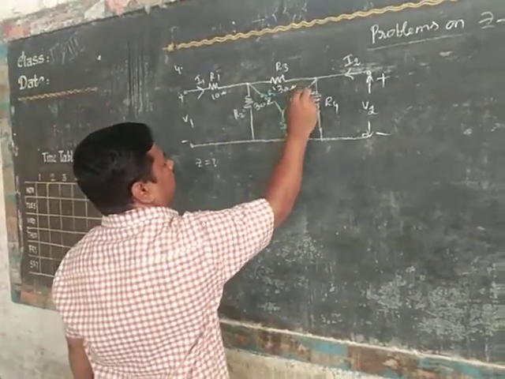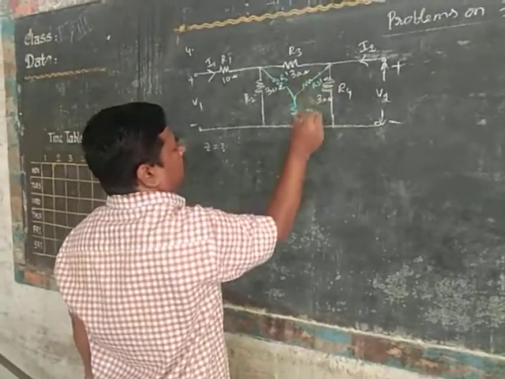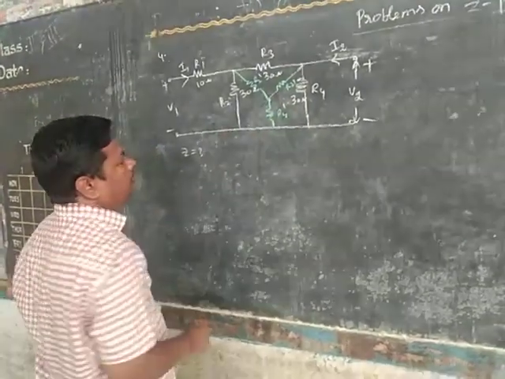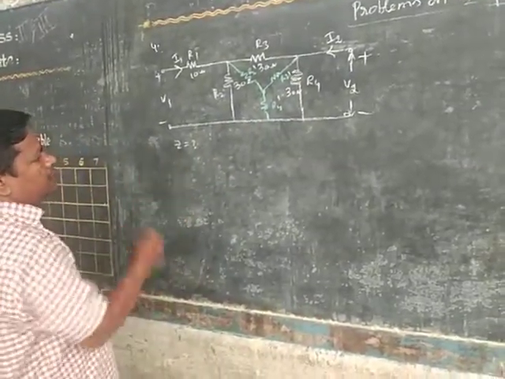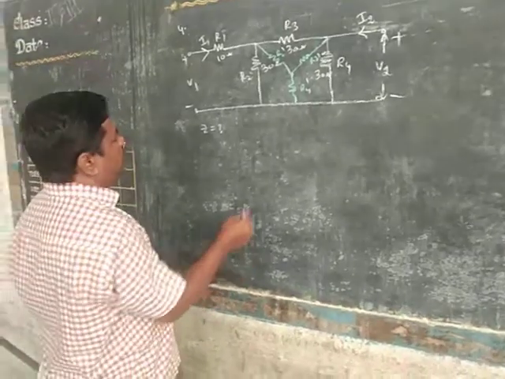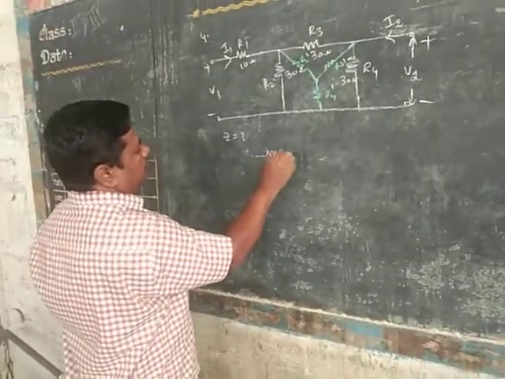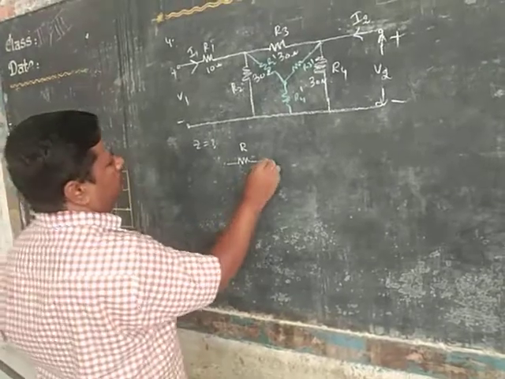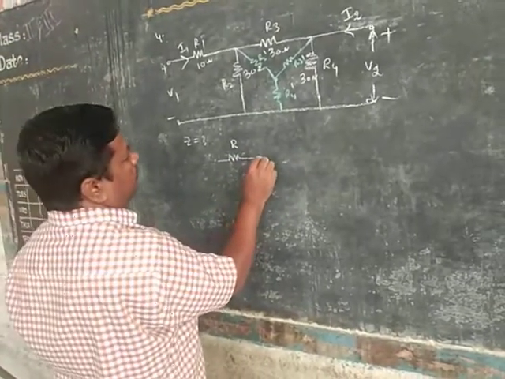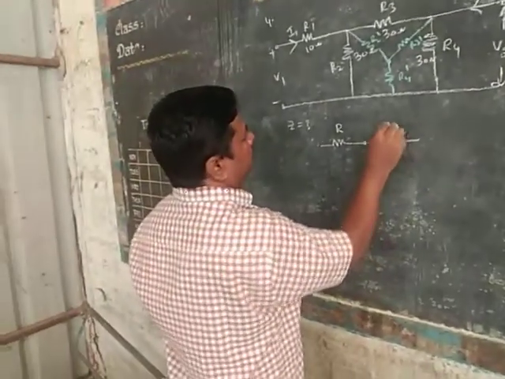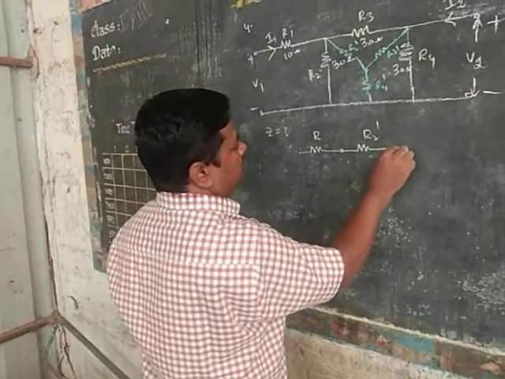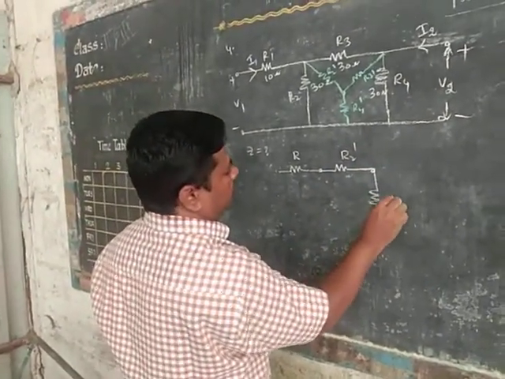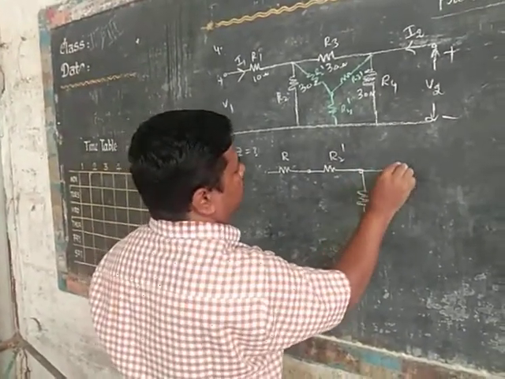This is the section. R2 dash, R3 dash, R4 dash. All are 30. Already the resultant value is 10 ohms. Then rearrange the network. This is R1. Then the remaining network is R2 dash. Then the remaining is R4 dash.